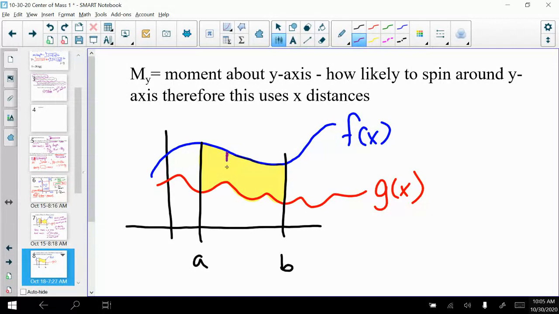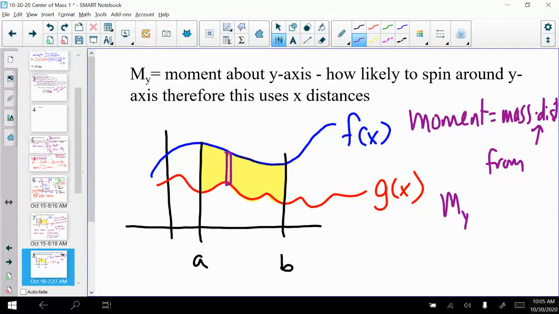Thinking about our little dx rectangle, we know that moment is mass times distance. Okay. And we want to take the distance from, well, if it's the moment about y, that is where x equals 0. So that's from the y-axis. So here's our y-axis.